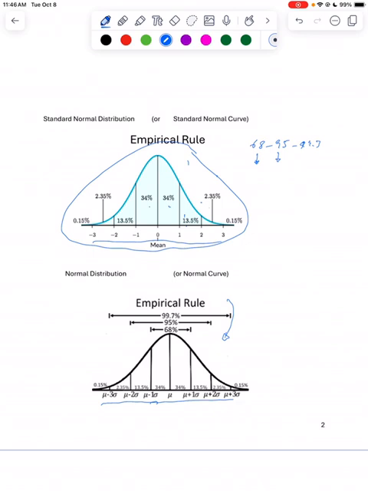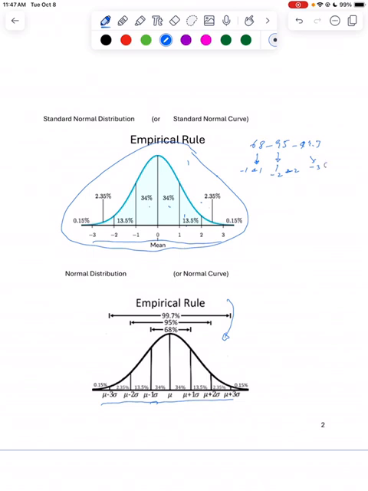So you have to remember that the 68% is between, in the case of the normal distribution, -1 and 1. This lies between -2 and 2. This lies between -3 and 3.